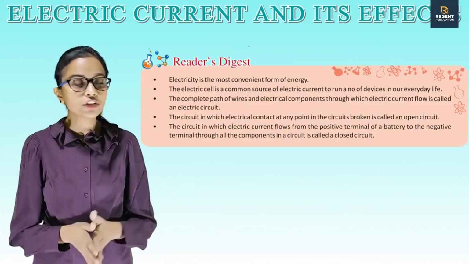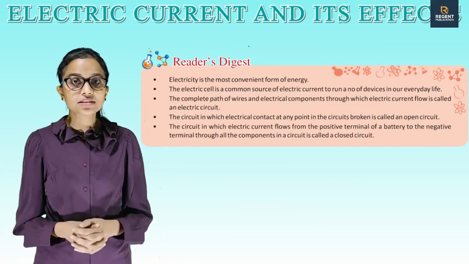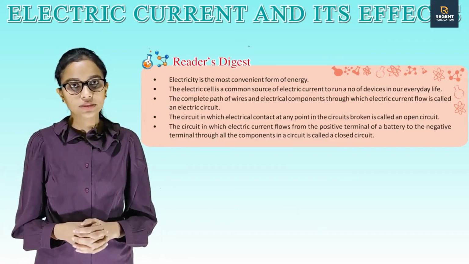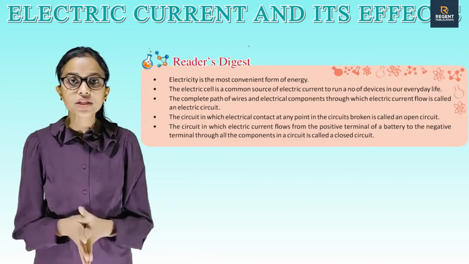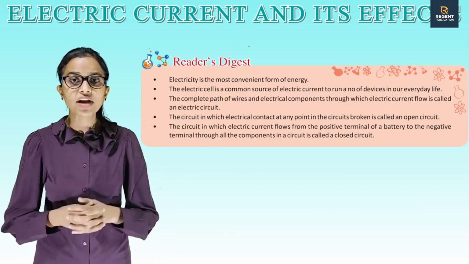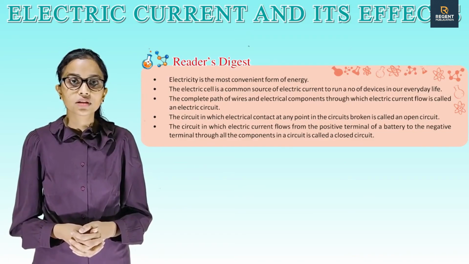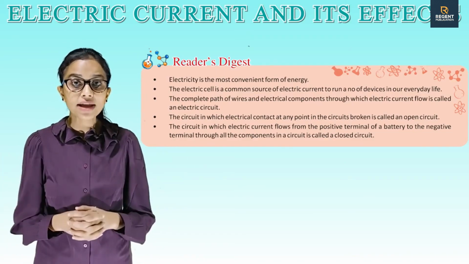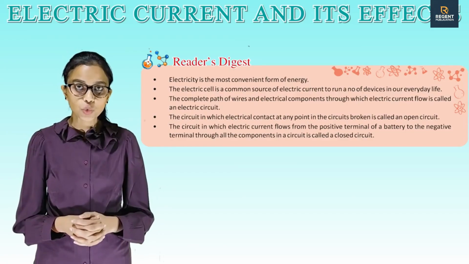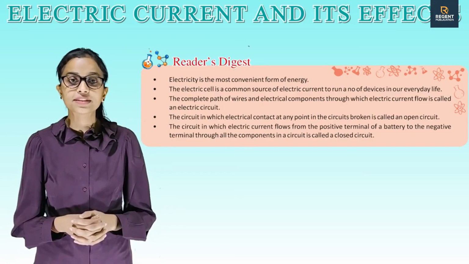So it's time for Reader's Digest. Electricity is the most convenient form of energy. The electric cell is a common source of electric current to run a number of devices in our everyday life. The complete path of wires and electrical components through which electrical current flows is called an electric circuit.